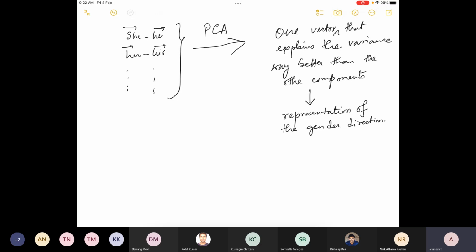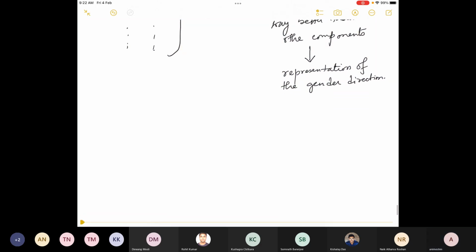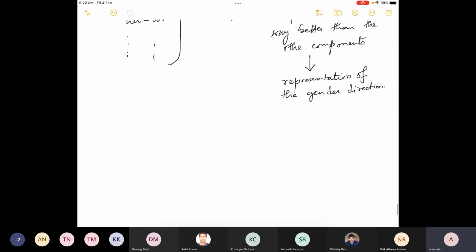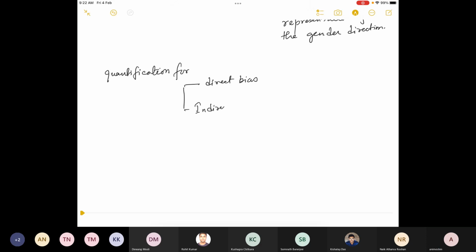Now once the gender direction has been defined, as I said last day, the whole purpose of defining the gender direction was to get a quantification for the direct bias and the indirect bias. The authors wanted to quantify both of these.